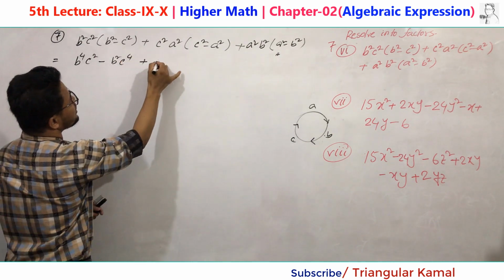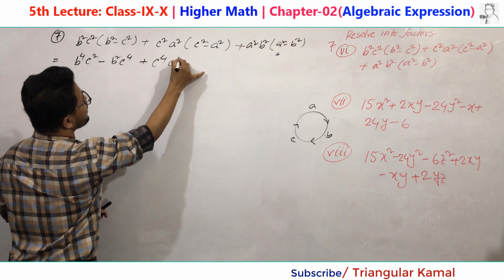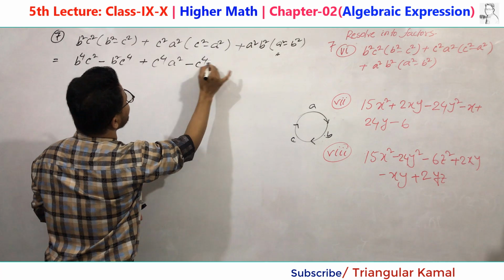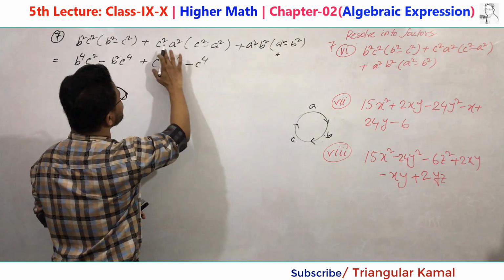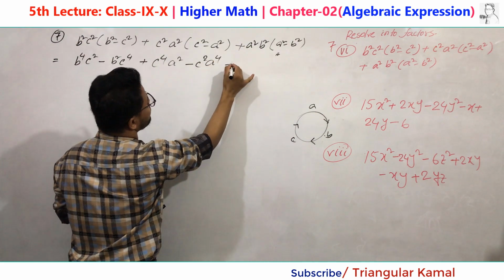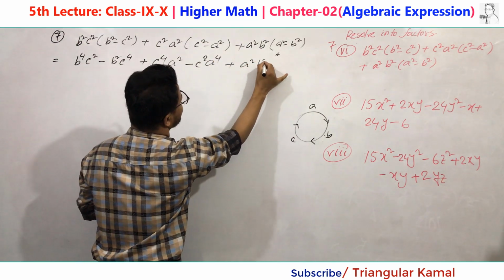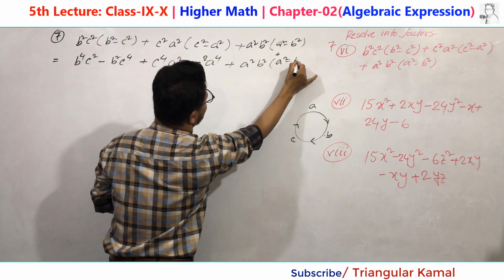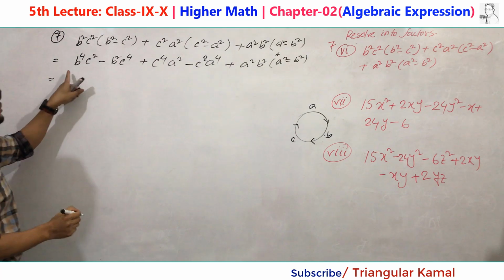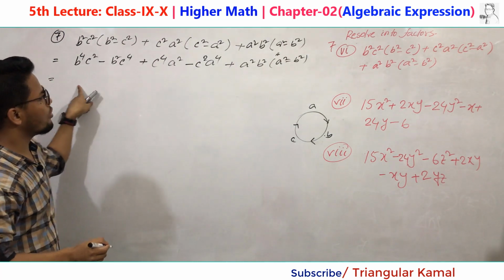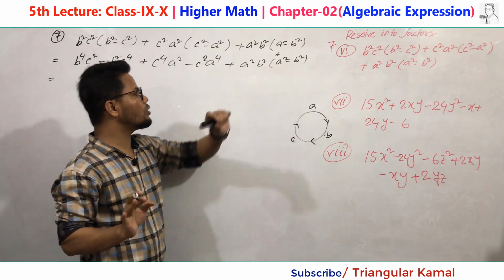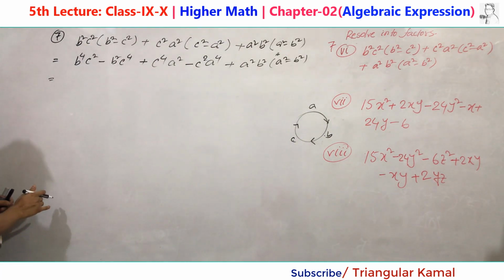Now do the calculation, c to the power 4 a square minus c to the power 4 b square, and this one will remain the same, a square b square times a square minus b square. And now take common or arrange the 2 data, while inside the bracket this one will be a square minus b square, or a to the power 4 minus b to the power 4.